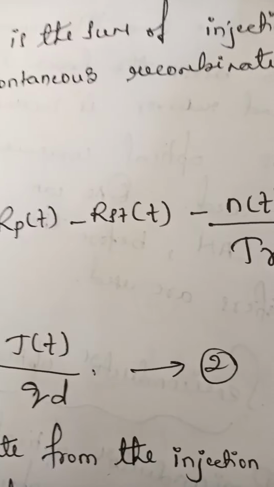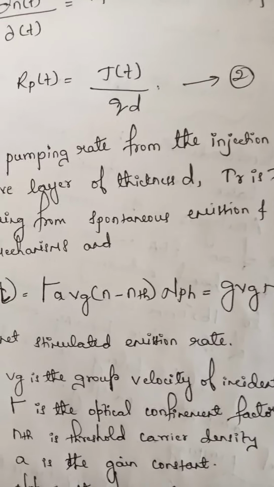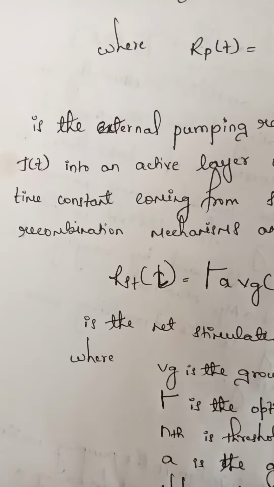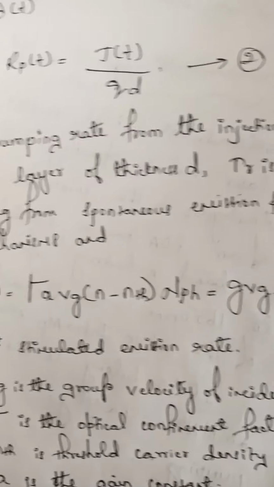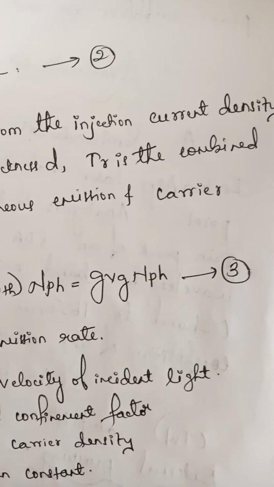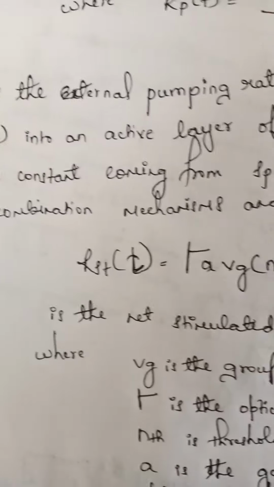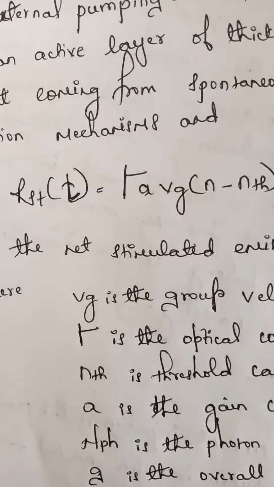Rp(t) is equal to J(t)/qd, the external pumping rate from the injection current density. J(t) is the current density in the active layer of thickness d. Tau R is the combined time constant coming from the spontaneous emission and the carrier recombination mechanism.